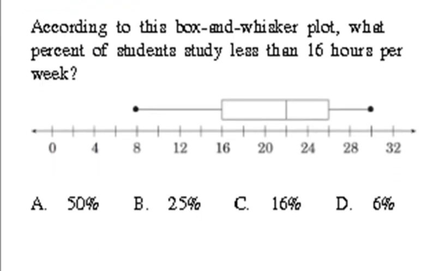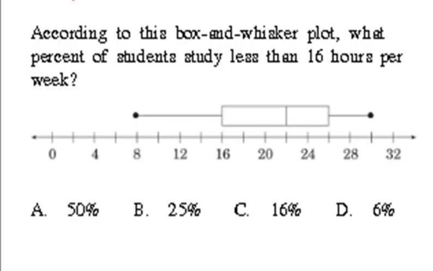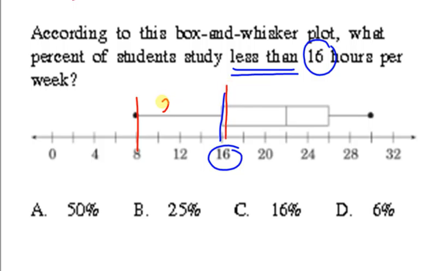Example number 7. According to the box and whisker plot, what percent of students study less than 16 hours per week? Here is 16, and it wants to know the percent. Well, I'm going to remind you. Here to here is 25%.